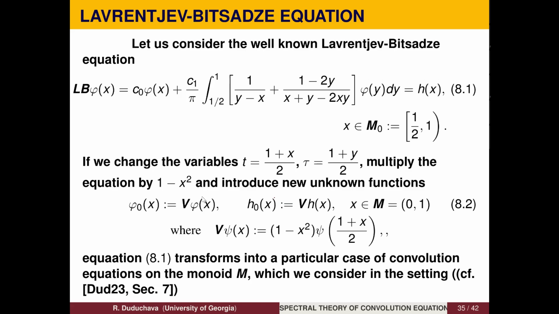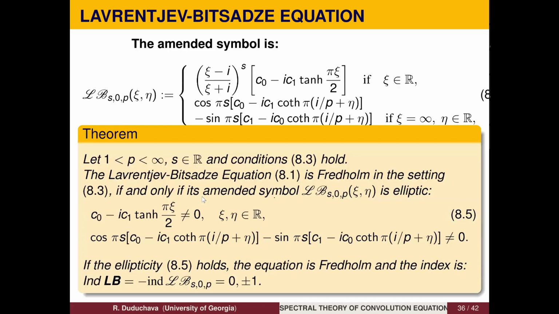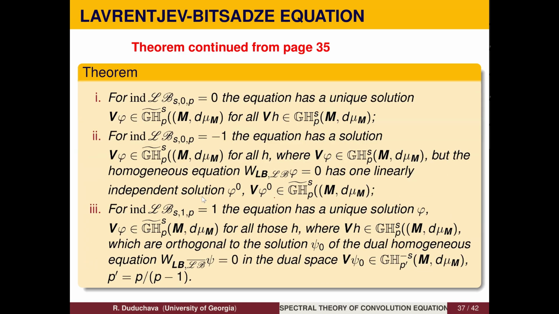And then after this reduction, we write this amended symbol, and we get the theorem that it is Fredholm if and only if the amended symbol is not 0. And then the index is the index of the amended symbol, and again it's 0, plus or minus 1. And the solvability property is also displayed here. It's very similar to what was exposed before for these previous two equations.